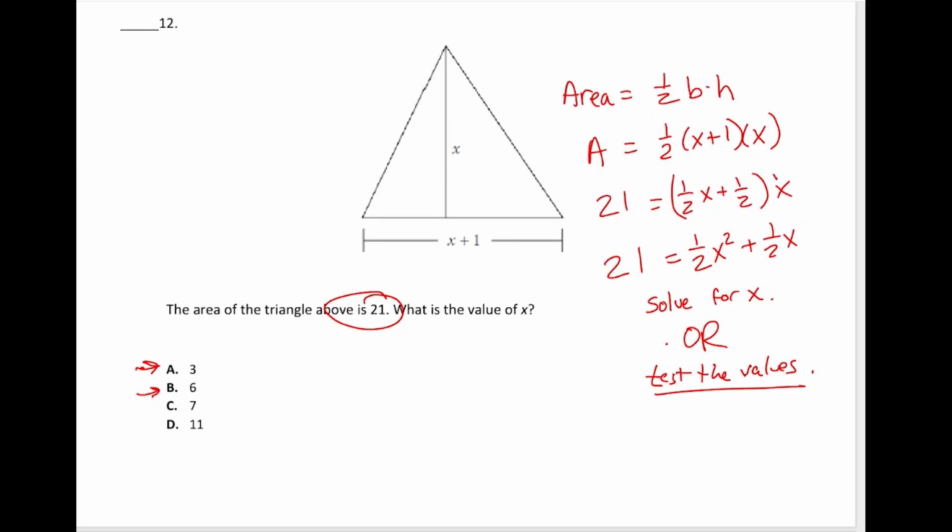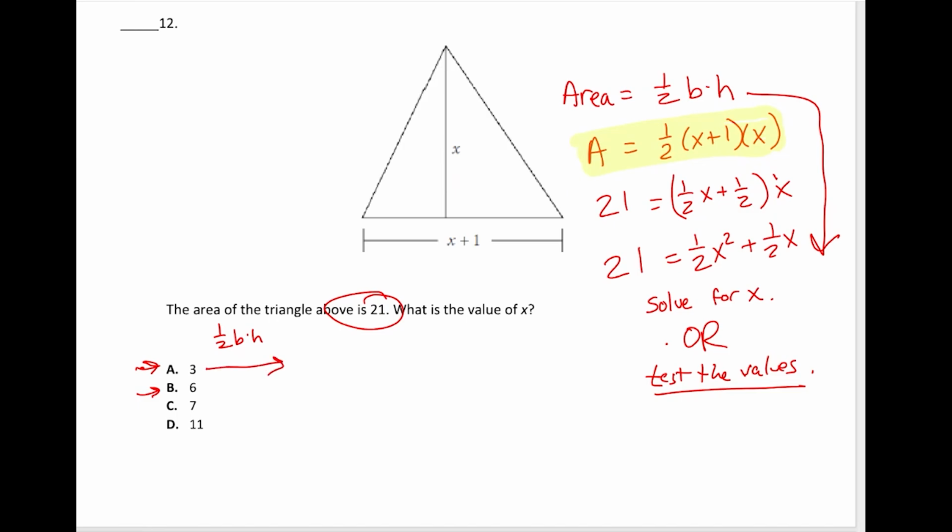Now, you don't even have to have done all this algebra here. If you know the area is 1/2 base times height, you could just use the original equation that we set up and say, okay, what's the area here? So the area is 1/2 base times height. And so I'm just going to test if x is 3, what is the area? And we're looking for the one that gives me 21.